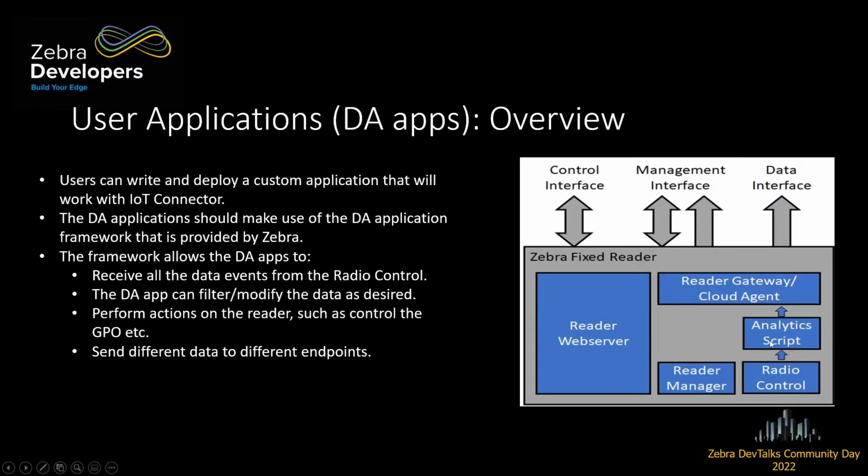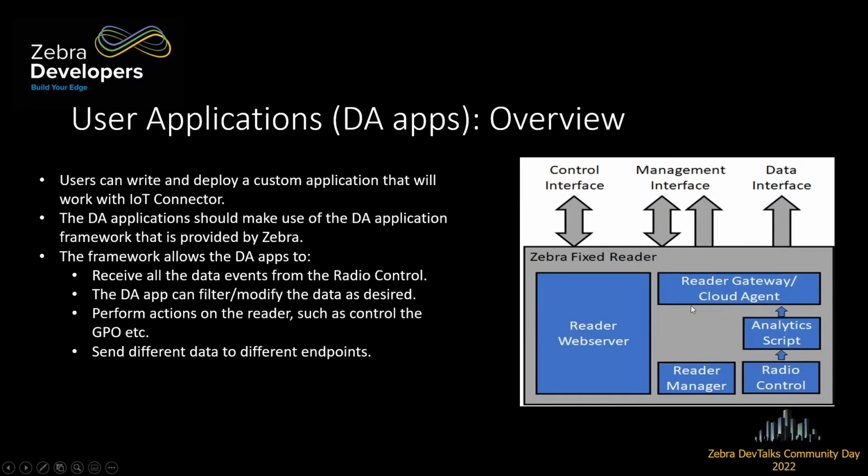Because it is running on the reader itself, it can directly control the GPO in real time. The GPIO doesn't have to be controlled by an external application. It can be done on the reader itself.